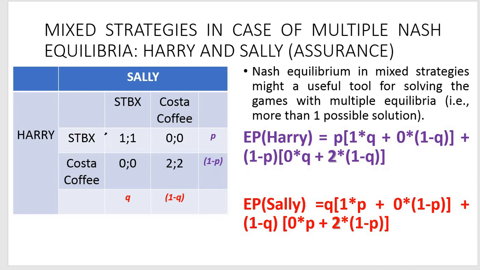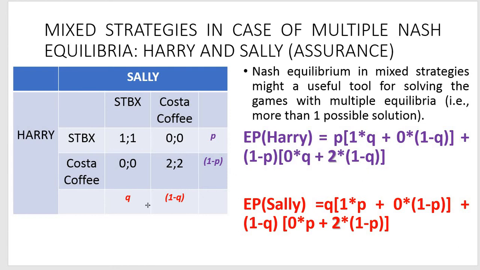Because this one yields lower payoff, to have equal expected payoff, the probability assigned to going to Starbucks should be higher than the one assigned to going to Costa Coffee. The same applies to Sally.